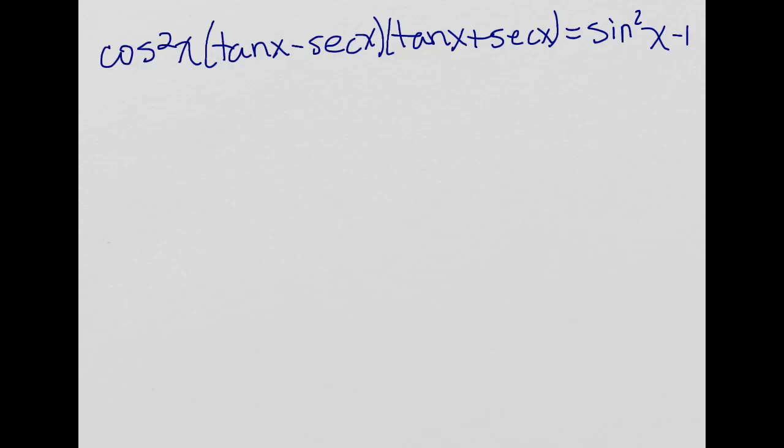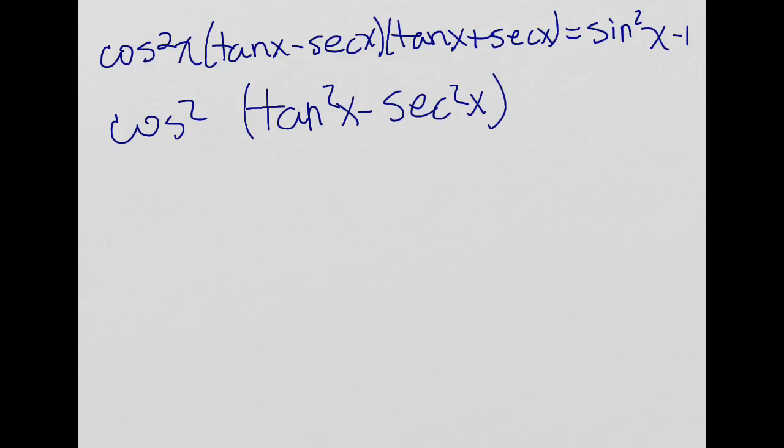And the first thing I'm going to do is to FOIL the things in parentheses. They look like conjugates to me, which means that I would simply write tangent squared x minus secant squared x. If I FOILed those, that's what I would get. Bring the cosine squared x along.